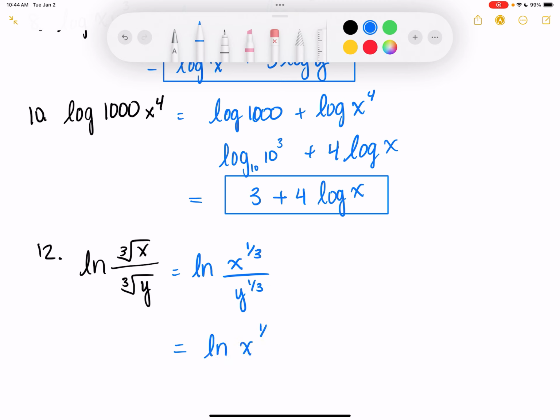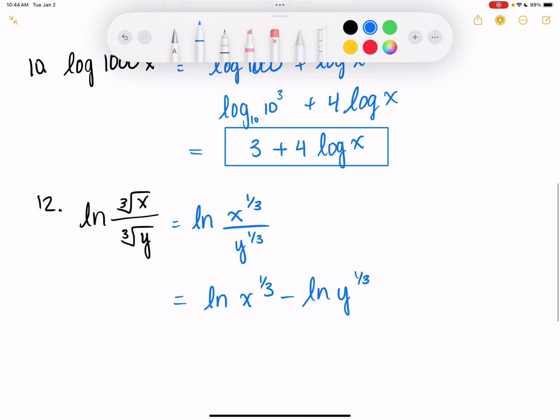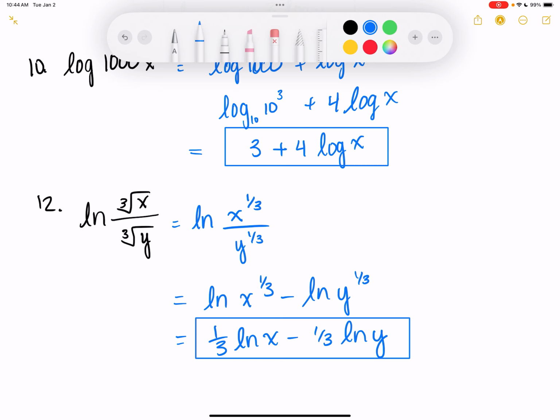So ln of x to the 1/3 minus ln of y to the 1/3. Then we take the power and we throw it out front. So we've got 1/3 ln of x minus 1/3 ln of y. Now, the book leaves it here, but is there anything else you recognize that we might be able to do?